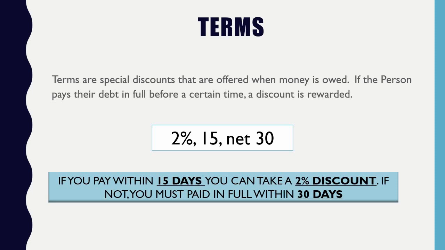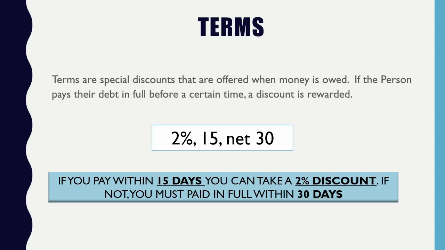Now, the net 30, depending on who your vendor is, you can owe 30, 60, or 90 days, depending on what the company is. It just depends on who you're purchasing from. For example, companies like QVC let you try the product out for 90 days, and then you get a money back guarantee, or you have 90 days to pay for the product.